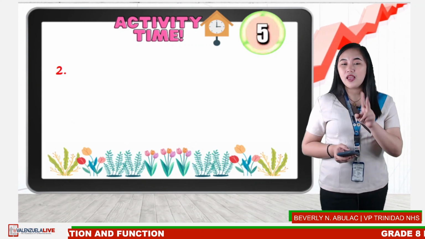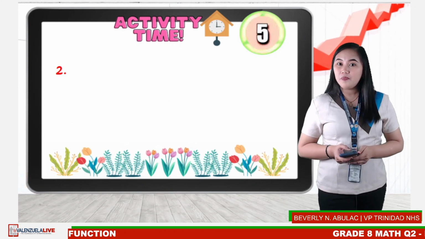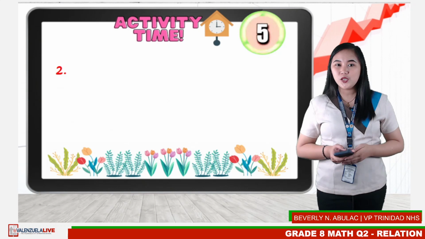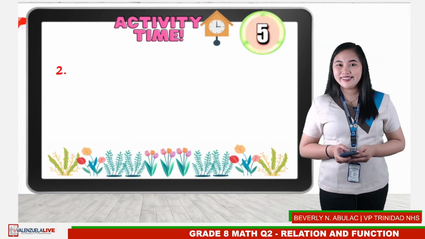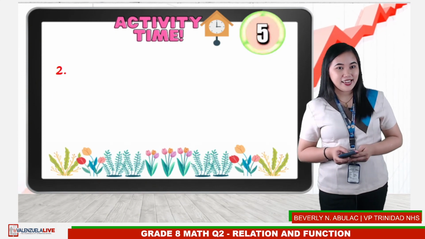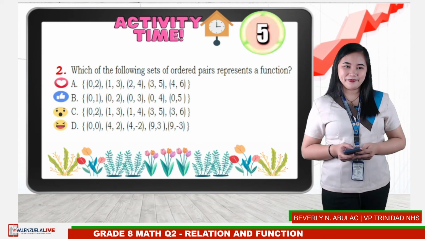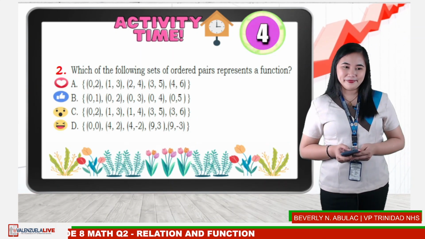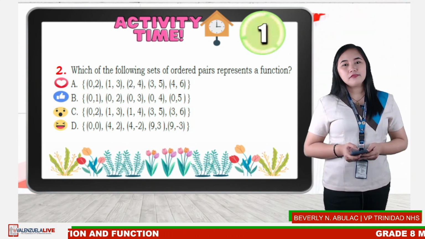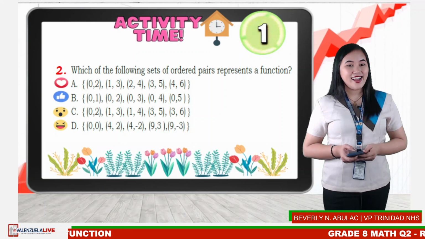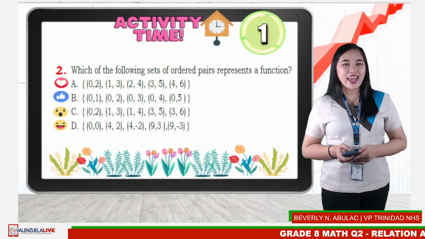Next, number 2. Which of the following sets of ordered pairs represent a function? Is it A, B, C, or D? Are you done pressing the correct react button?